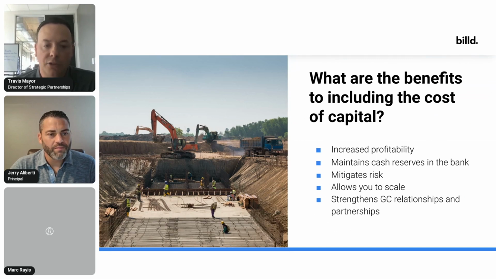But those contractors that account for the cost of capital also reported nearly 2 points higher average profit margin than their peers who didn't. Not only are you increasing profit margin on the back end by putting these processes in place and viewing carrying cost as a true cost to the business, that allows you to put other processes in place that will also drive increased profitability.